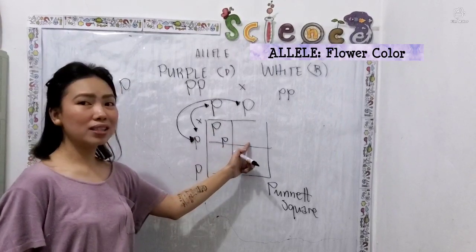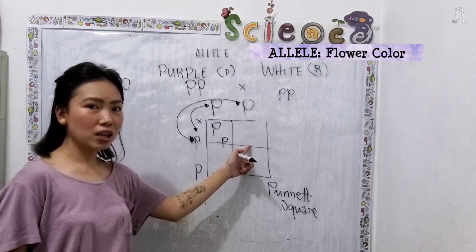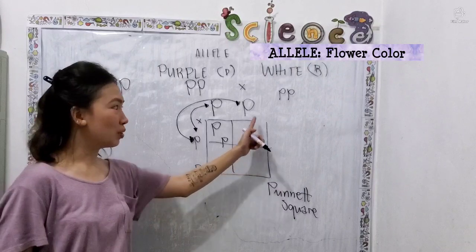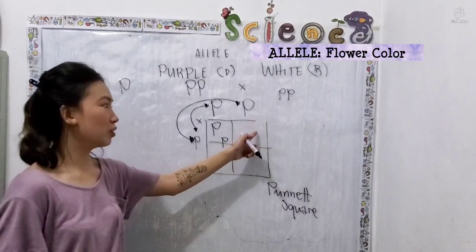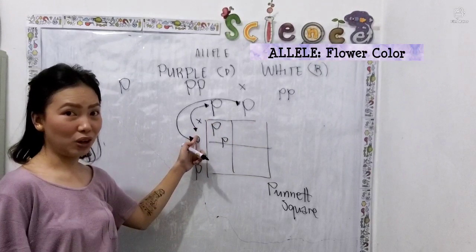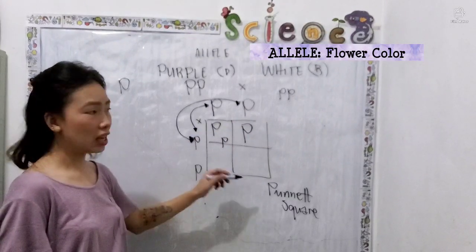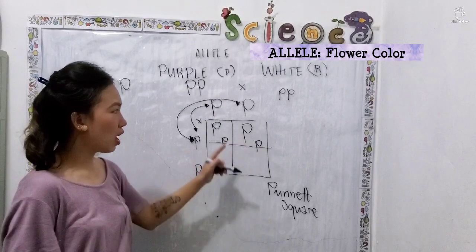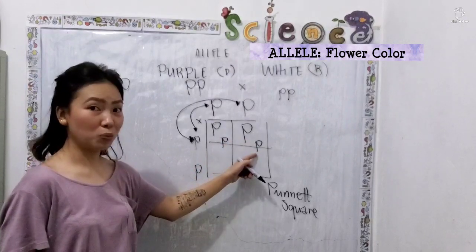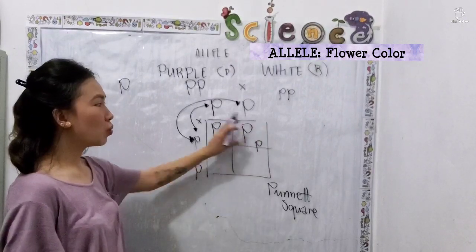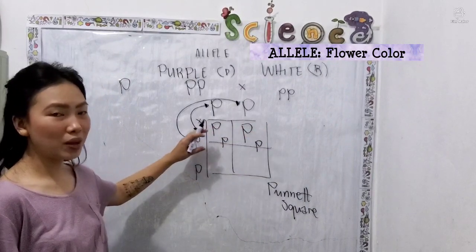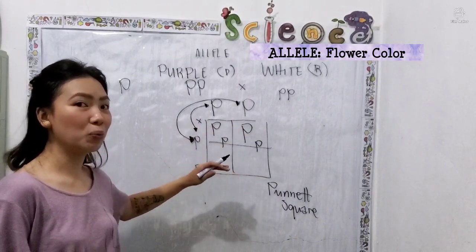So, since ito yung box natin, the cross will be coming from yung nasa taas niya at yung nasa tabing letter. So, this one is capital and the other one is a small letter. So, we have capital and a small letter. So, we're done with the top part. So, we will now have the second column, yung baba.